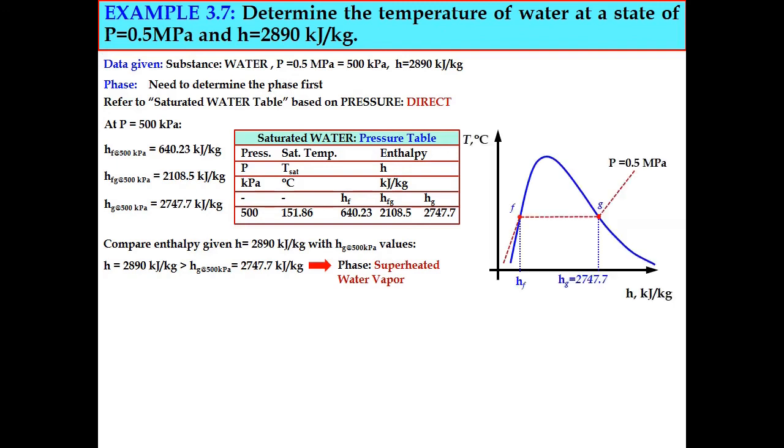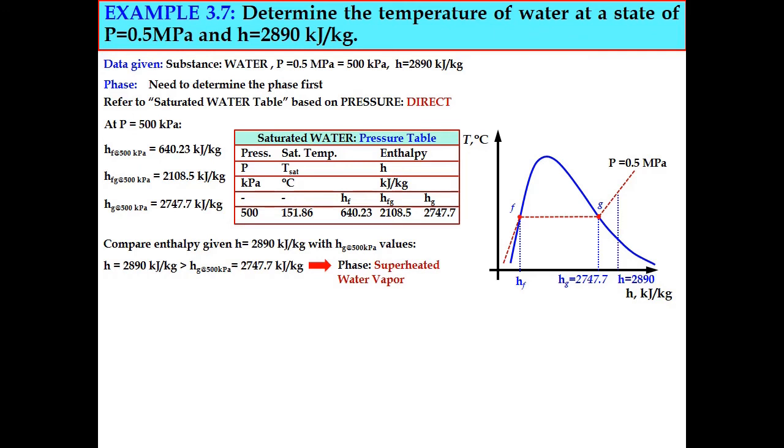If we plot using the T-H diagram, you cannot use the T-v diagram because we cannot plot the value of enthalpy, so you need to use the T-H diagram. The characteristic of the T-H diagram is still the same as the T-v diagram. We have Hf and Hg, where Hg equal to 2747.7, and then compare with the value of H given, H equal to 2890.